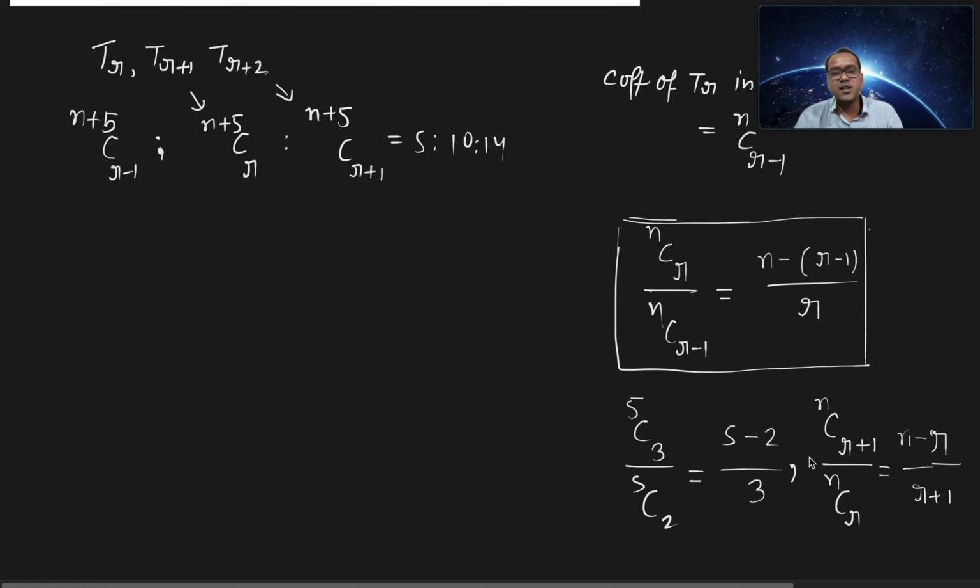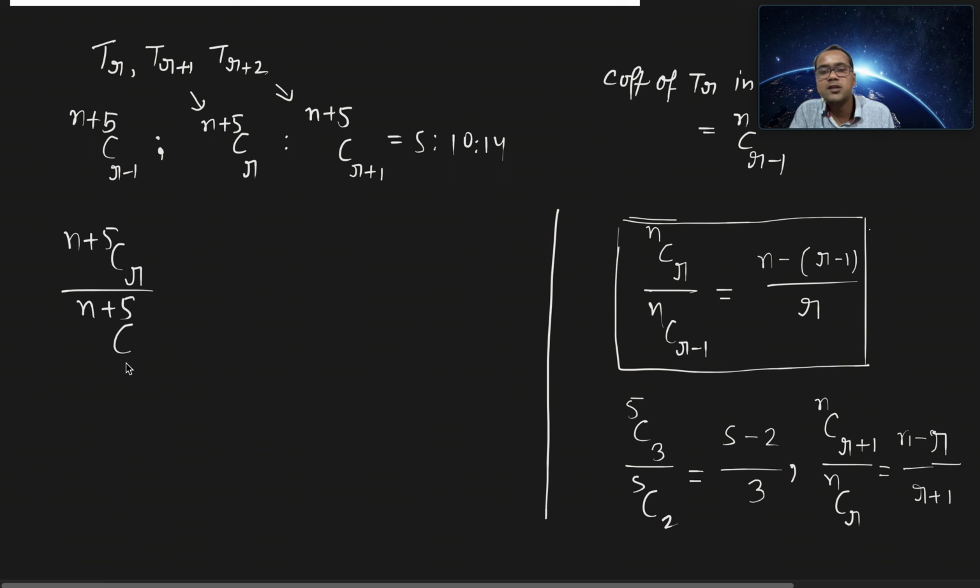So if you are able to understand this, we can apply it here. See, this is n+5Cr upon n+5C(r-1). The ratio of these two would be 10:5. That means this is equal to 2, and this is what? The bigger suffix is r and the smaller suffix is r-1. So the bigger suffix will come in the denominator, and the numerator will be n+5 minus (r-1).